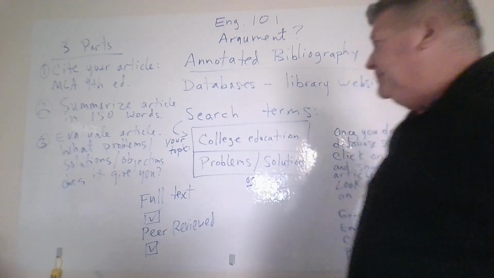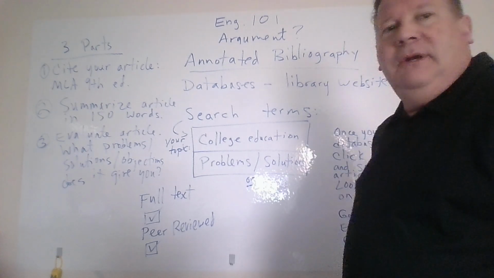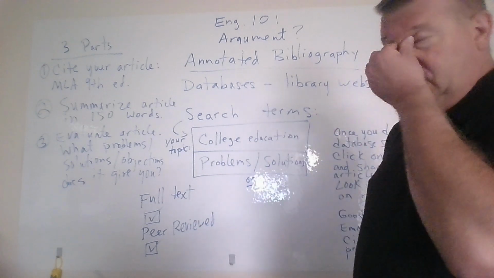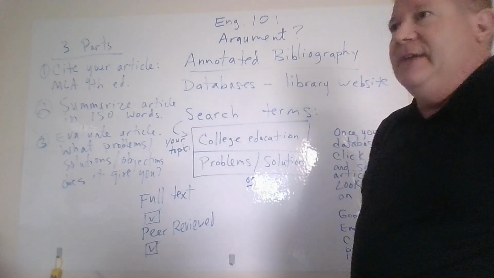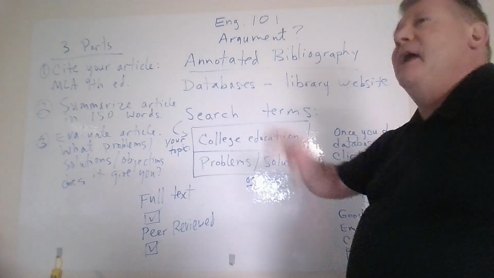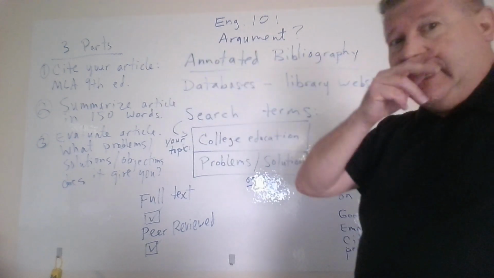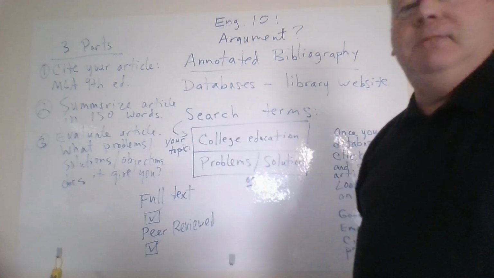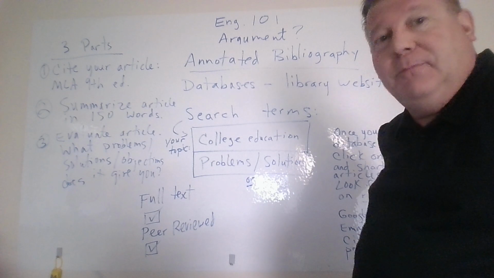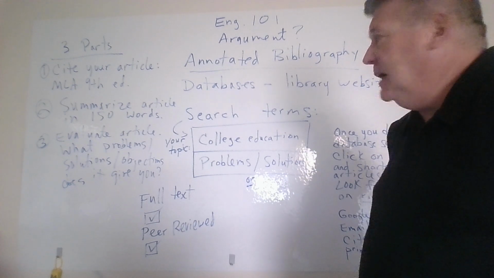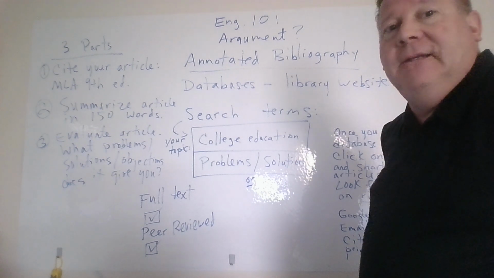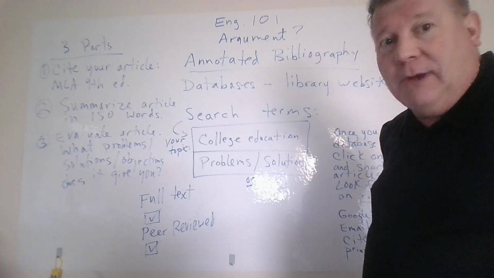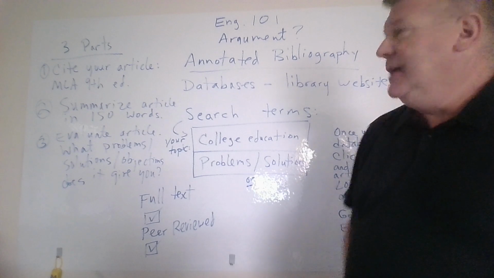So again, go to Canvas first, click on either library or student resources, and then click on the library website, and then it'll give you a button for the databases. Probably go A to Z databases, and then I recommend you pick Academic Search Complete, the first one that comes up on the A to Z list, and use that one first. And then if that doesn't give you too many, go to ProQuest way down under the P's and use that database.